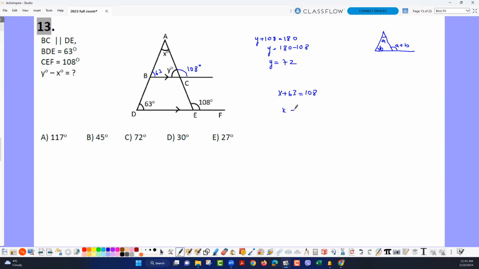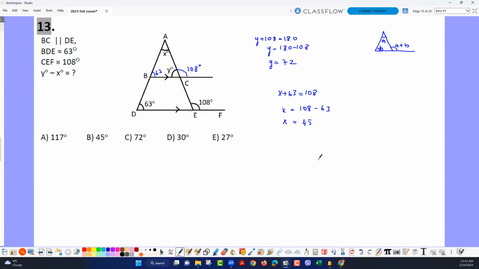So x is equal to 108 minus 63. X is equal to 108 minus 63, it's going to be equal to 45.